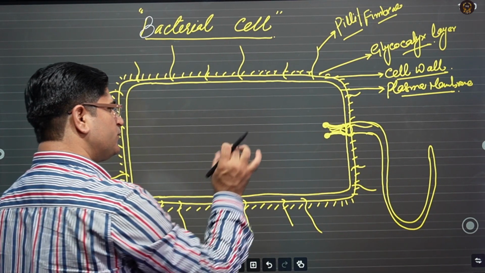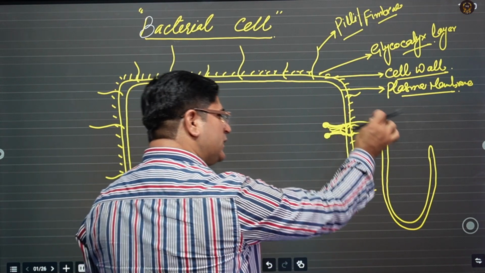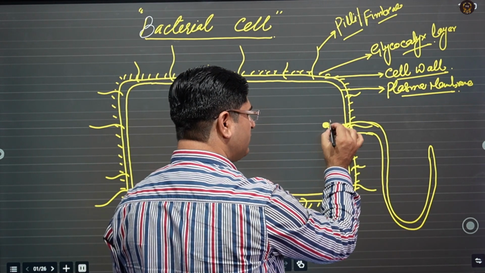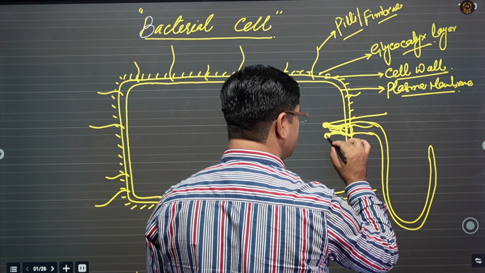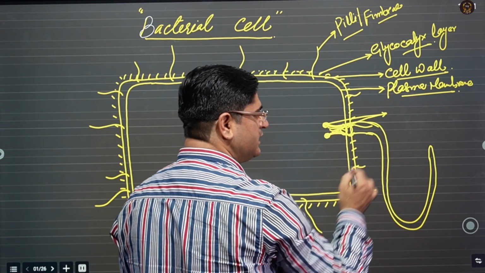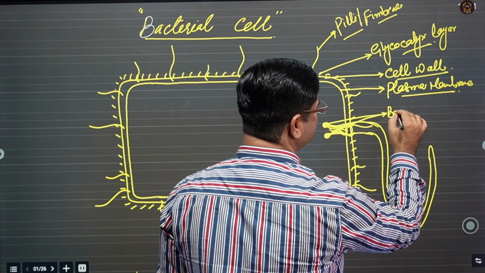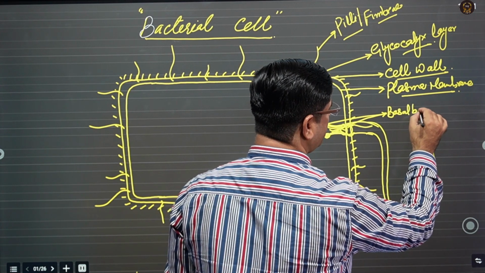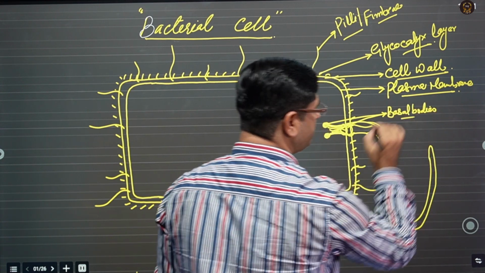This whole tail-like structure develops from two granular bodies, which are known as basal bodies.